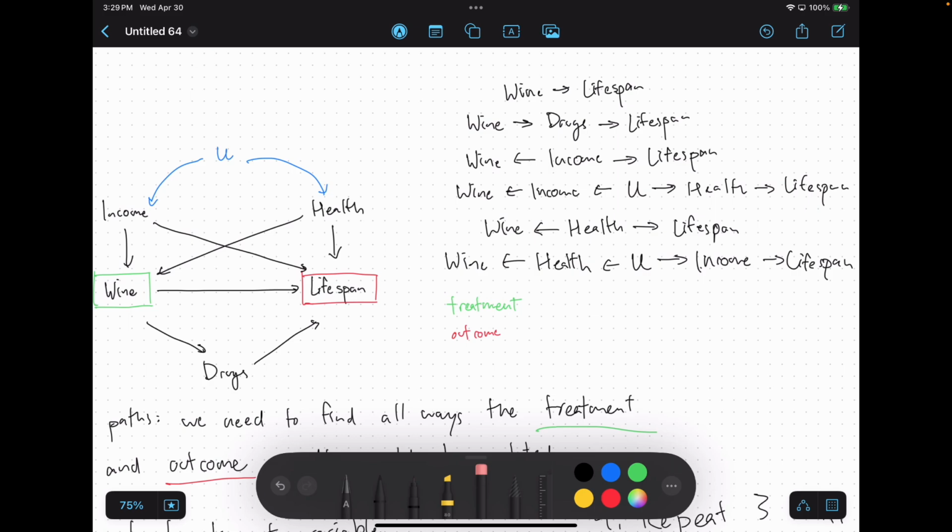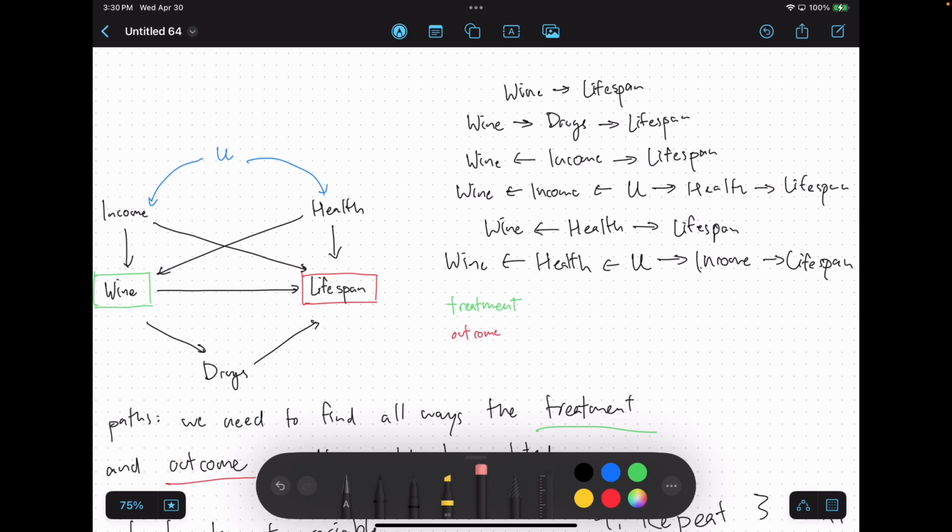So who can point to a story that would describe the relationship as not being causal? Yes? I would argue that the influence of income to lifespan is not directly causal because... This one. Yeah, okay. That's right.